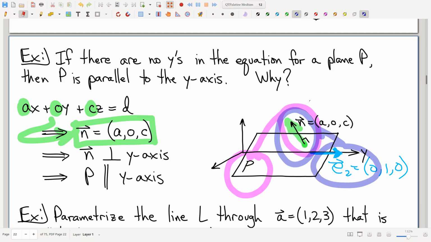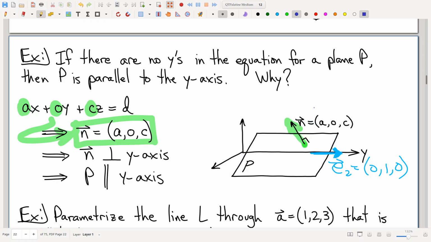And as desired, I think it follows pretty reasonably that the plane and E2 have to be parallel. That's what I like to call a geometric appeal. Think about it, persuade yourself that that's true. I think that's pretty clear if you just visualize, right? And this follows. Everybody buy it? All right, it's a cool little argument.